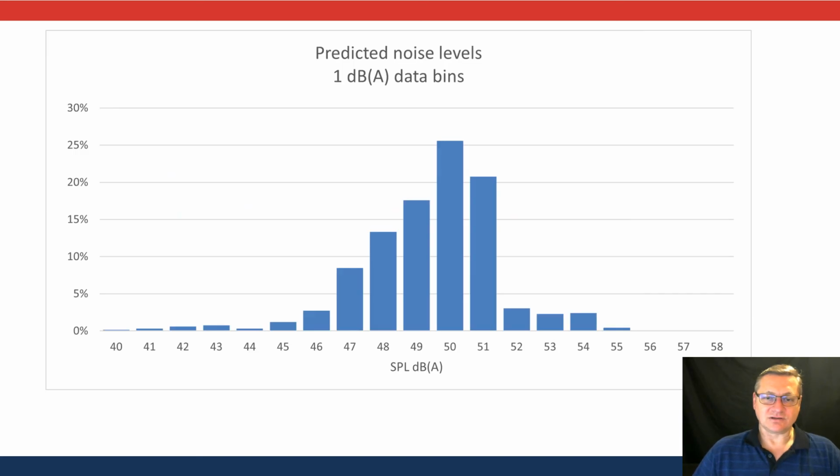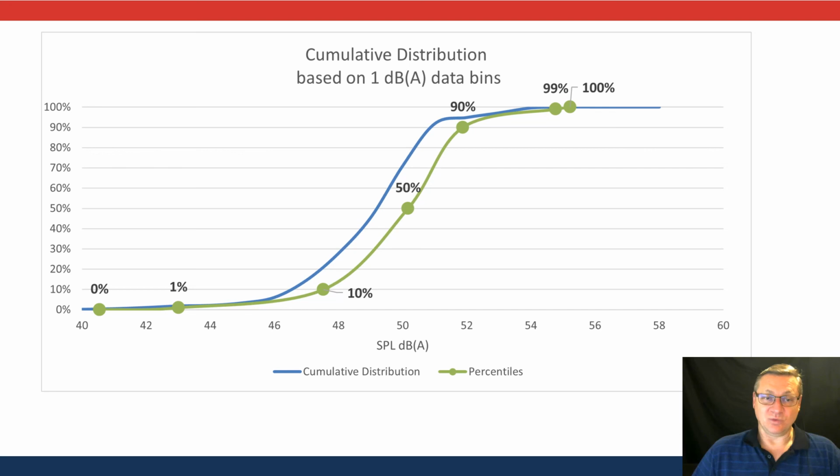And if you analyze your data that you get after doing your loop iterations, then you might be tempted to think that these probability distributions are believable if you use fairly wide data bins. But in fact, if you use fairly wide data bins, like approximately 1 decibel, then the cumulative distribution doesn't match the percentiles very closely.